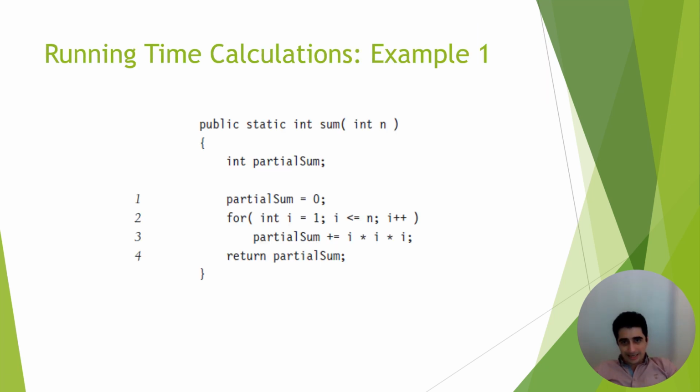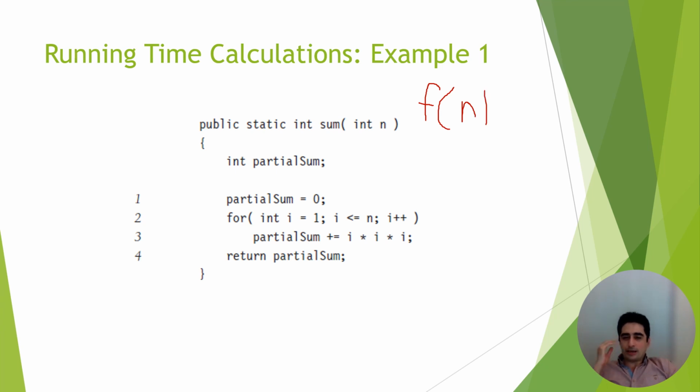All right, so let's see an example of a Java method. It's a public static method, and let's see if we can find its running time or time complexity using the big O notation. What I'm going to assume is the time complexity of this Java method is equal to f of n. What does that mean?